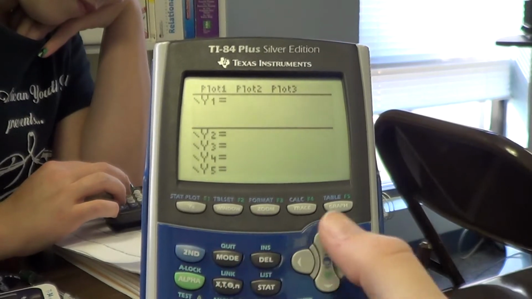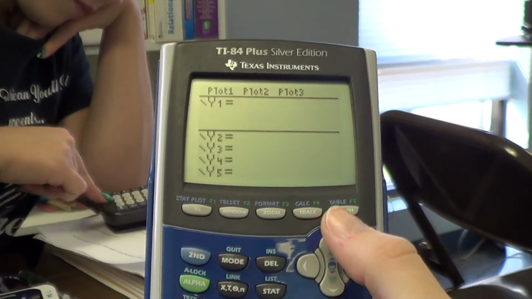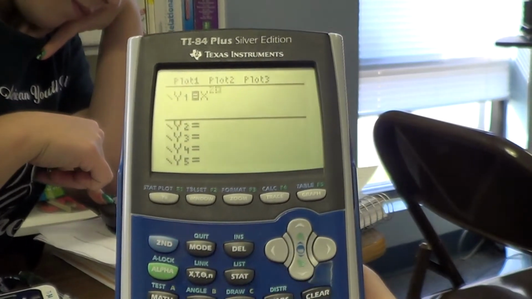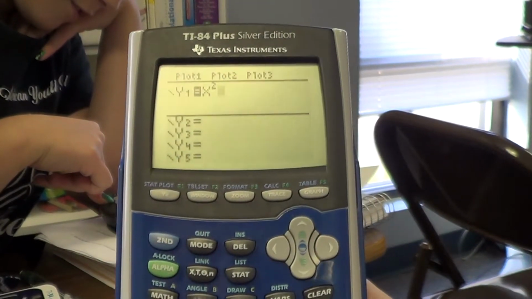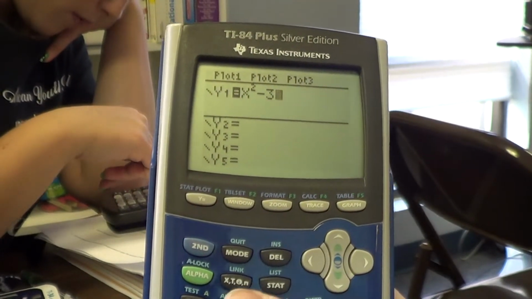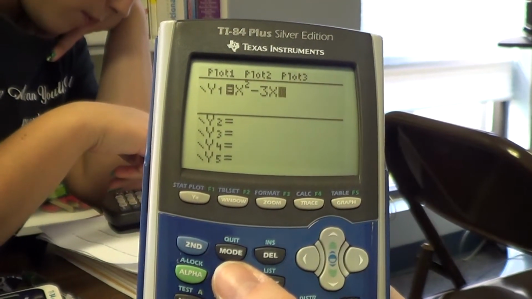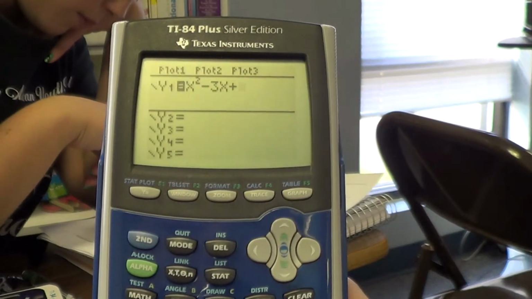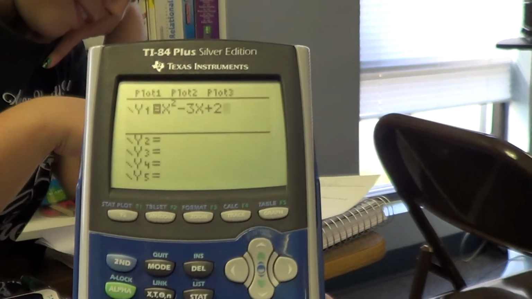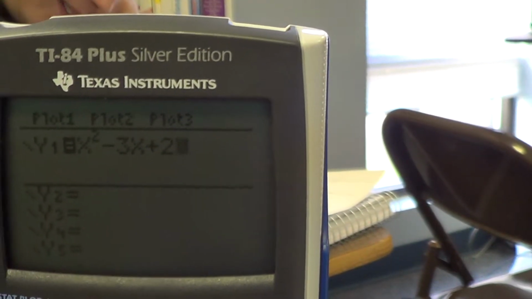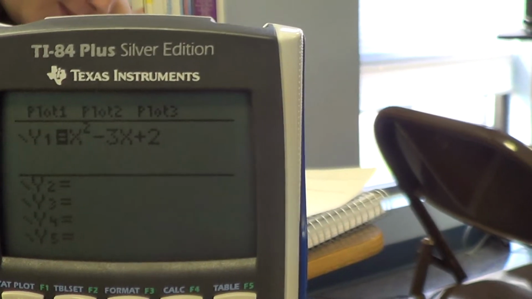So x squared minus 3x plus 2. It says x, t, theta. How do I make it squared? Yep, like that. I'm used to a different calculator, so I'm getting confused.